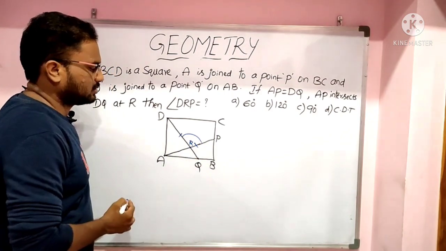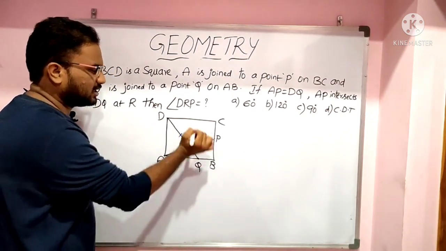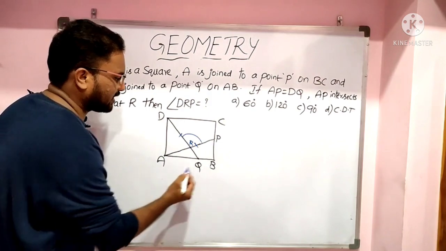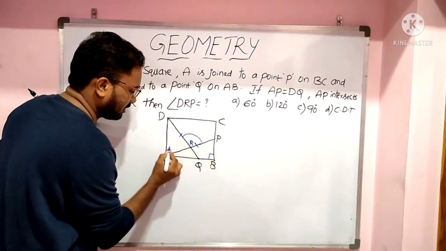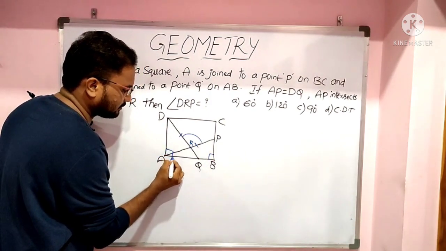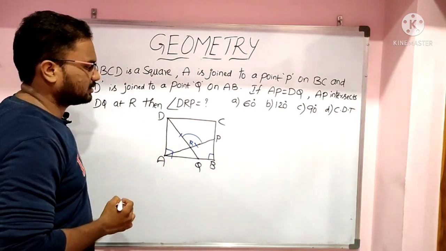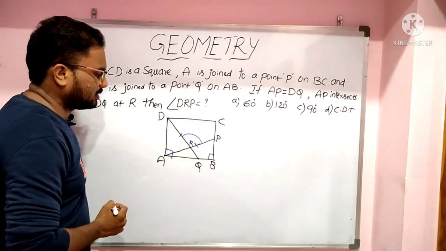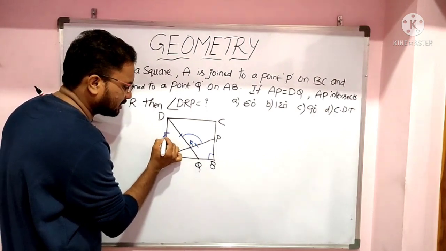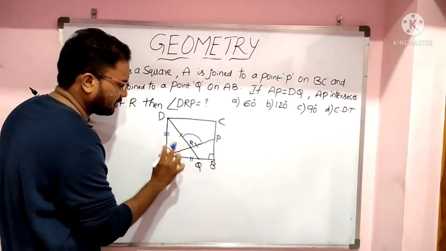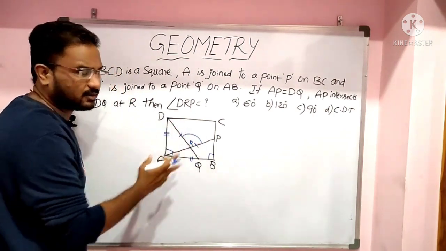ABCD is a square, and in a square each angle is 90 degrees. So this is 90 and this is 90. AD equals AB, since in a square all sides are equal.